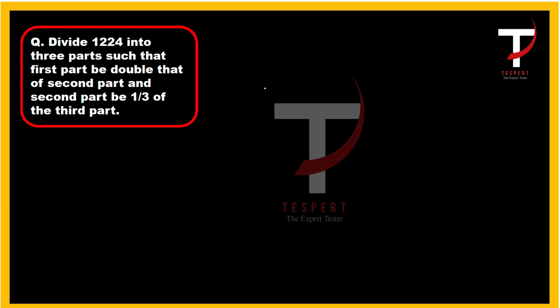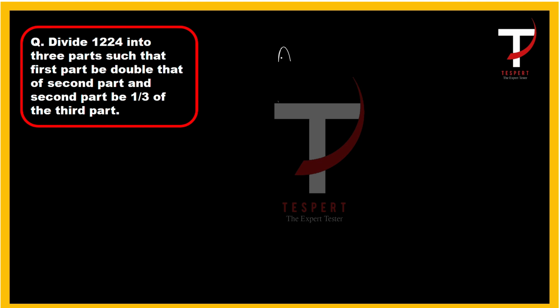So here 1224 must be divided into 3 parts such that the first part must be double that of the second part. So here we have 3 parts, right?